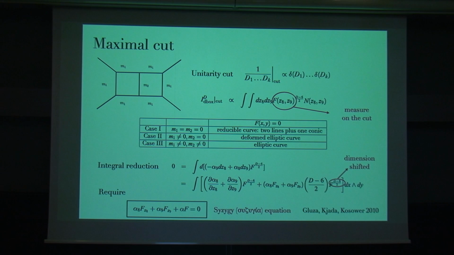Then the question is, if I have a complicated numerator here, how do I simplify it? Of course, with a two-fold integration, you can just integrate out the remaining Z8 and Z9. You should get some kind of hypergeometric function in D, and then you can use the relations between hypergeometric functions of D to derive the IBP relations.